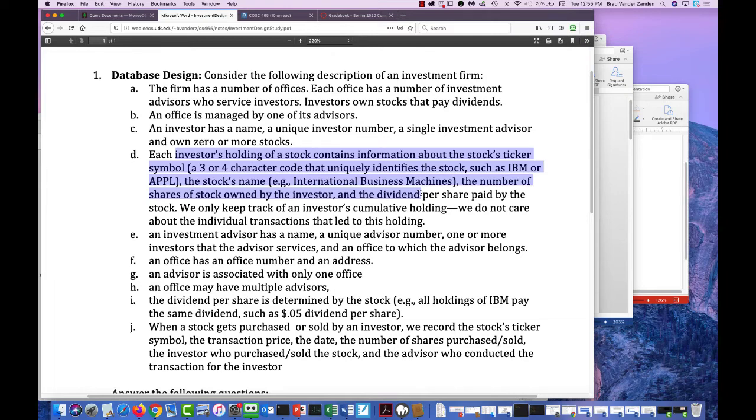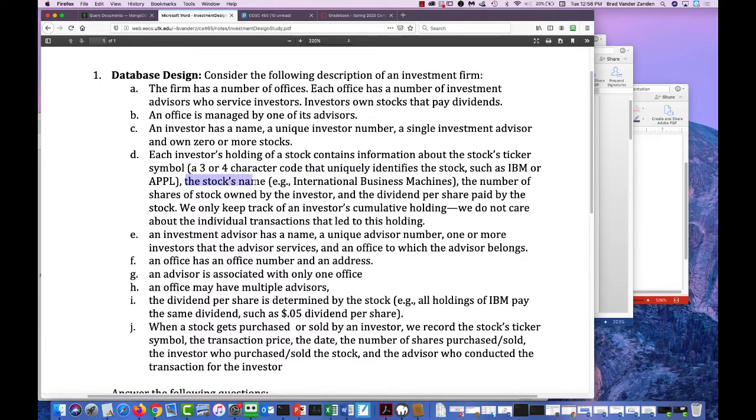So it certainly seems like we have information about a stock here because of its ticker symbol. What do we know? What kind of attribute is a ticker symbol? Primary key. It uniquely identifies the stock. A 3 or 4 character code that uniquely identifies the stock. So it's an identifying attribute or primary key.